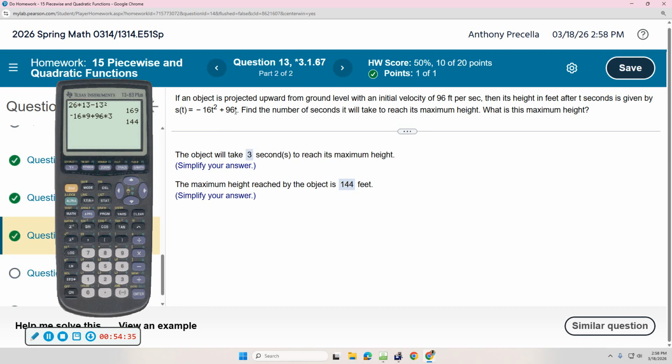Distance equals rate times time, so that second term, 96 times t, is just rate times time. If we didn't have gravity, it would just go up and keep on going up. But that negative 16t squared, that's gravity trying to pull the object back to Earth. Trying to, but in this case, successfully doing it. It pulled it down. Okay.